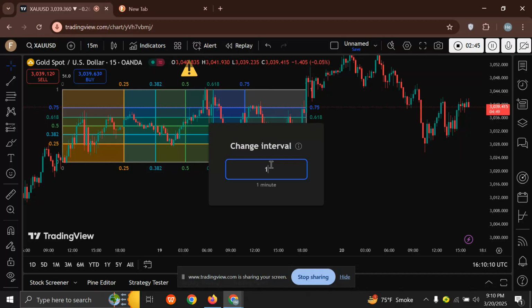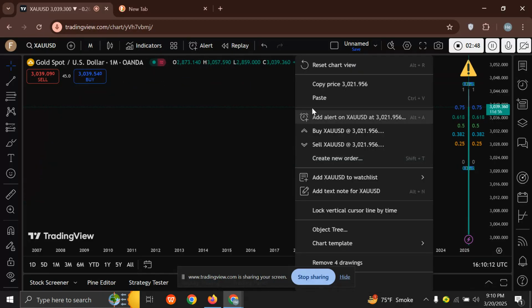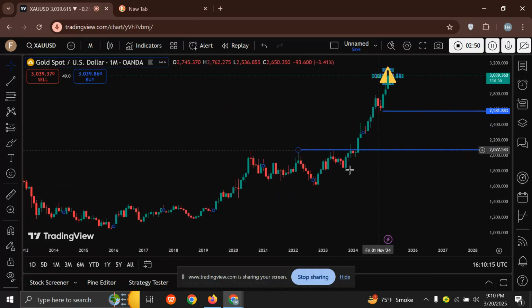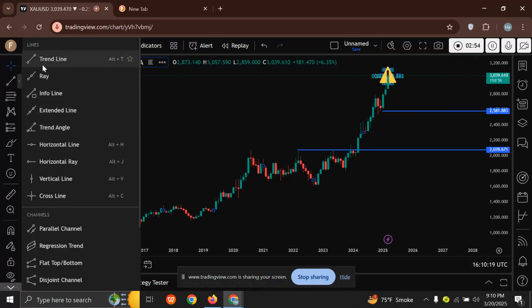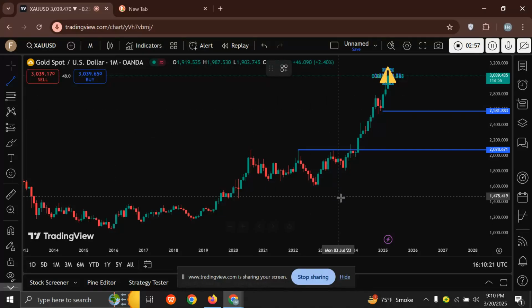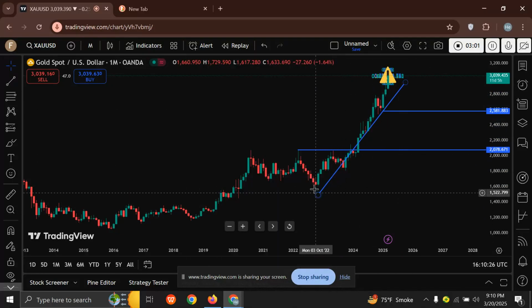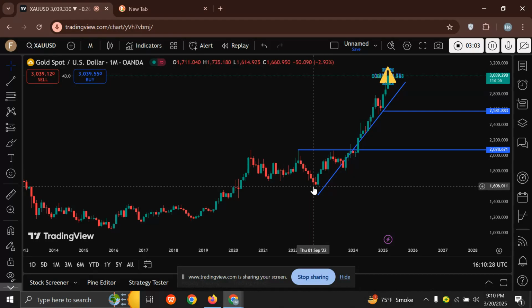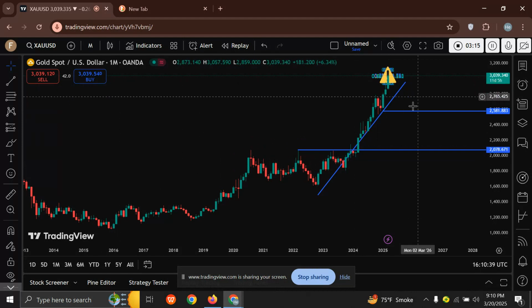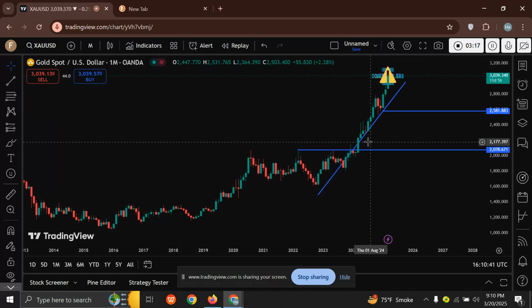We start from the monthly chart and decide that the market is going in an upward direction. From September 2022, the market here, November, and then it goes upward, and so on upward.